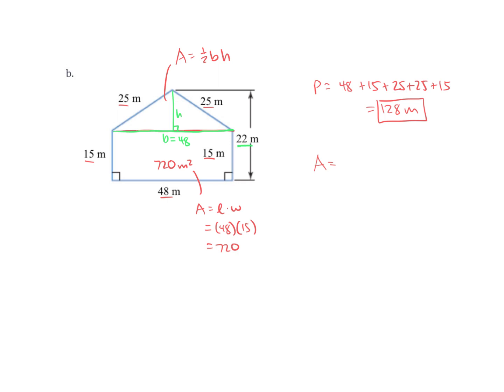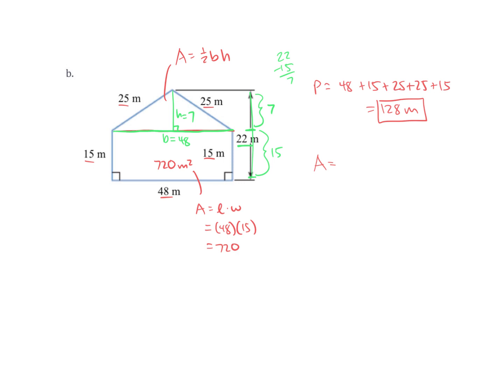That whole distance from bottom to top is 22. I know that from here to here is 15. If the whole thing is 22, I can do 22 minus 15 and get 7, and this part right here would be 7. And that's going to be the height of my triangle.